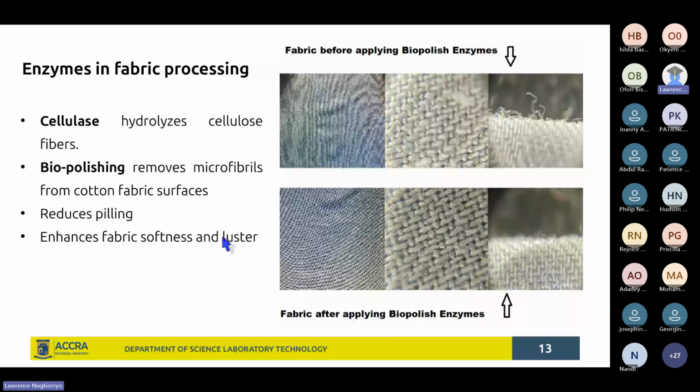Previously there has been a use of different chemicals, some chemical substances which are used for such polishing processes. But with the advent of sustainability, green chemistry, things like that, the use of enzymes to do this has become a popular thing because this is seen to be more eco-friendly, more sustainable than the use of, say, some harsh chemicals.